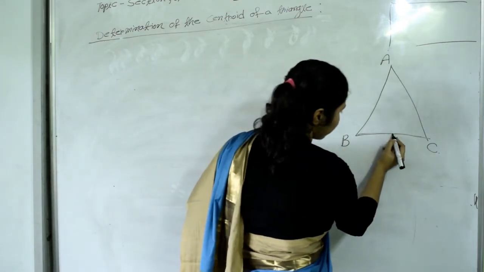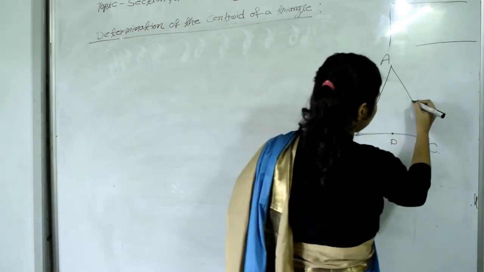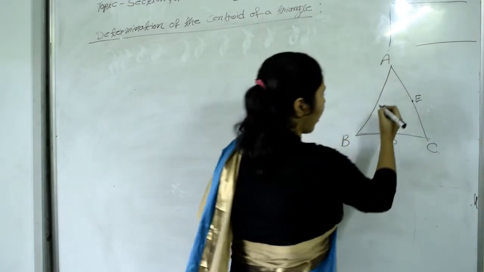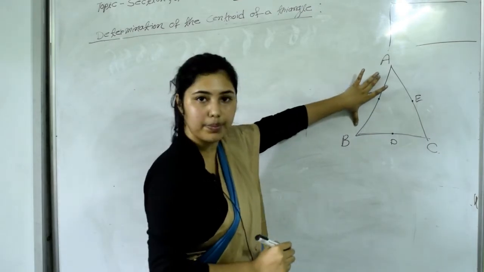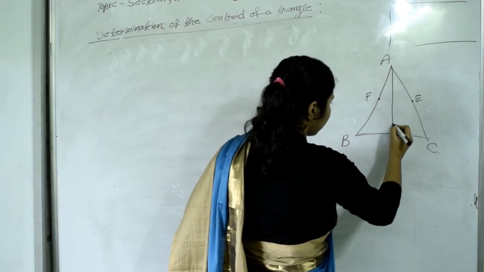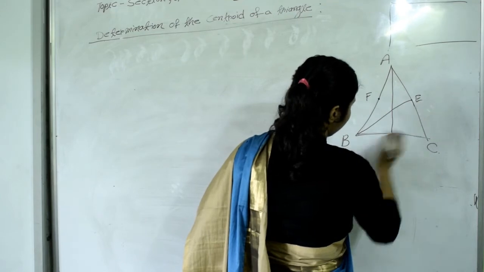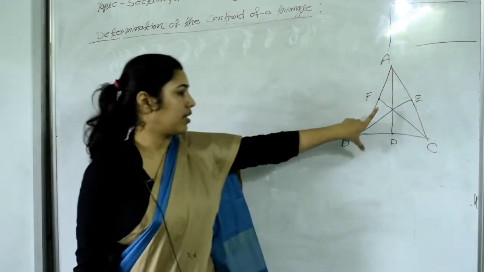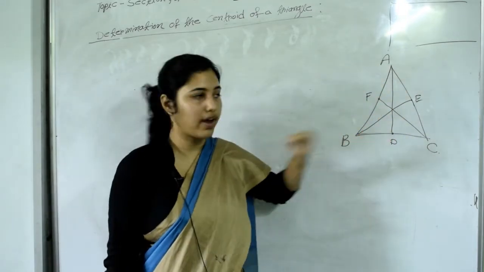Now suppose D is the midpoint of BC, E is the midpoint of the side AC and F is the midpoint of the side AB. Okay, then if we join AD, BE and CF, then these are the three medians of the triangle ABC, right?